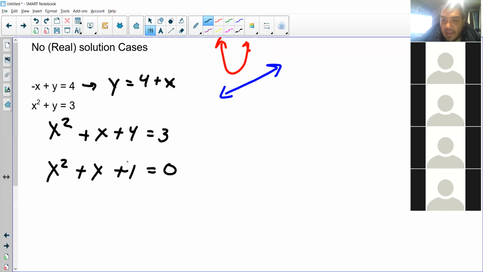So your first instinct is to factor it out. What multiplies to 1 and adds to 1? Sadly, you can't make a correct combination for that. So when you're in doubt, the best thing you could do is the quadratic formula.